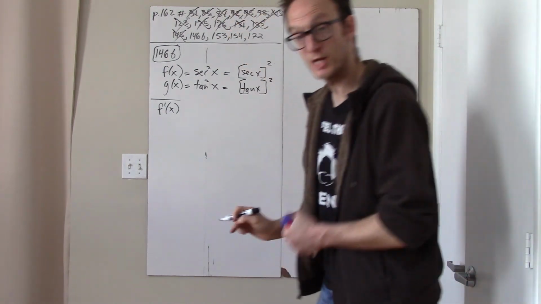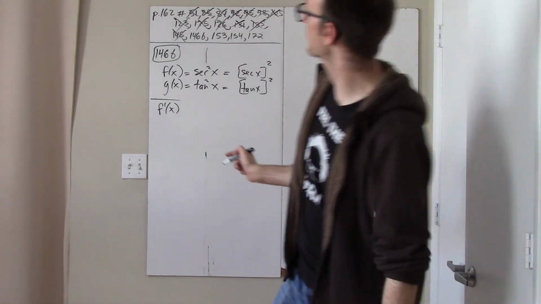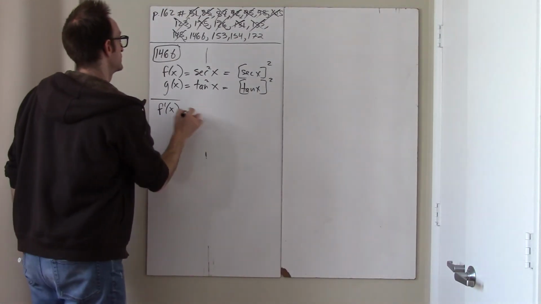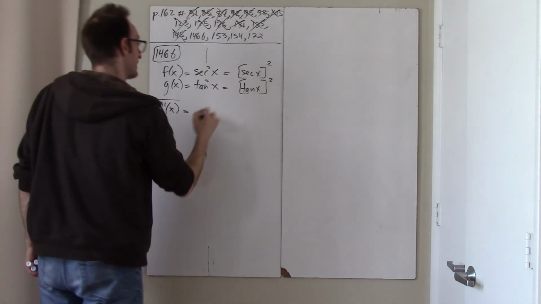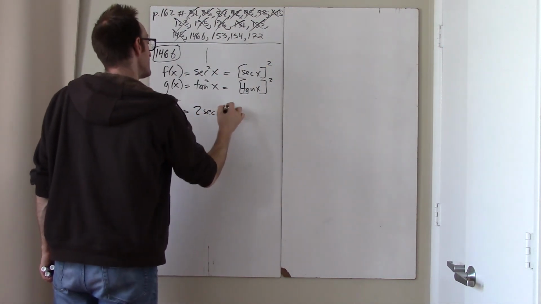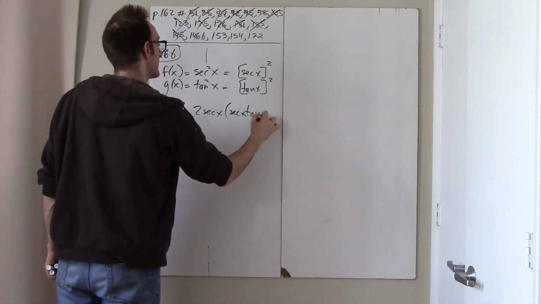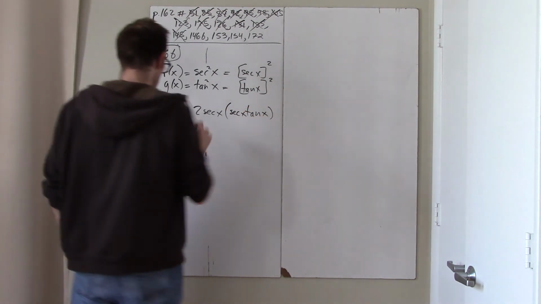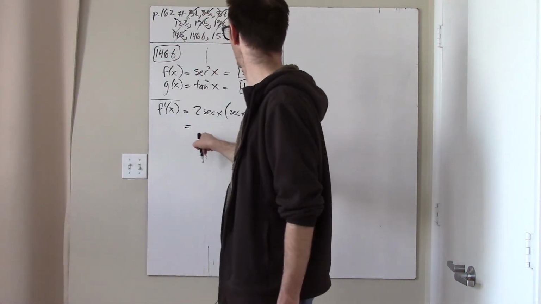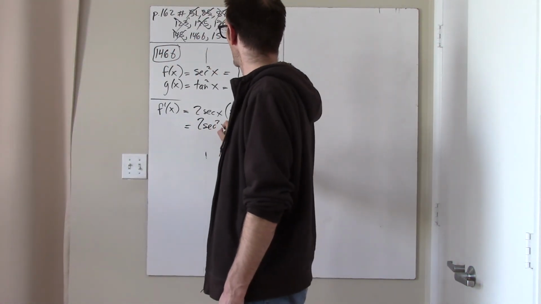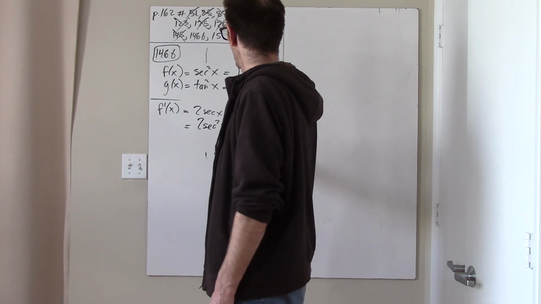So when it comes to doing the chain rule, the outer function is the squaring function. We go to do the derivative, and the derivative of something squared is 2 times something, with the something back inside, times the derivative of secant, and I just know that the derivative of secant is secant tan. So what I get for the derivative of f is 2 secant squared x tan x.